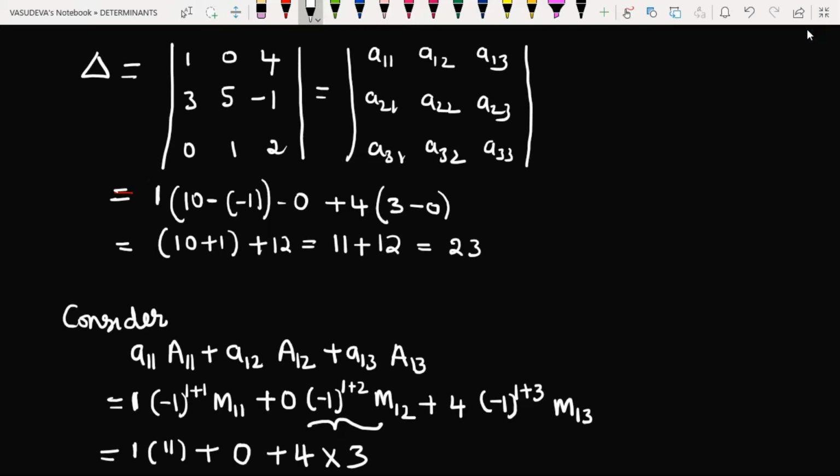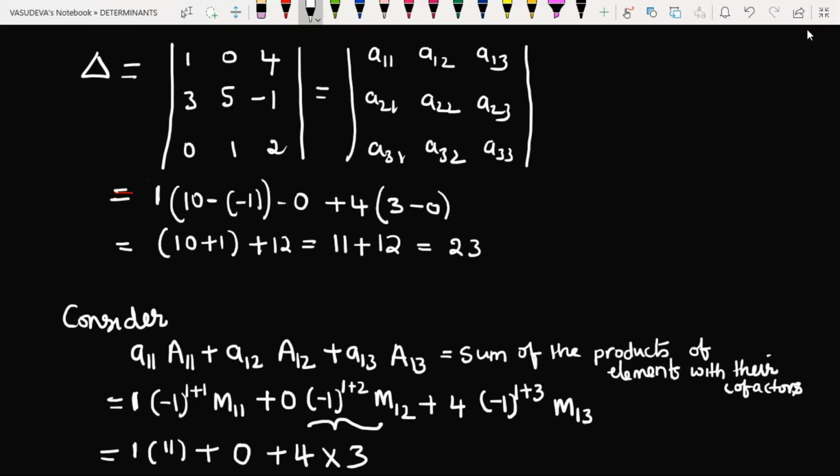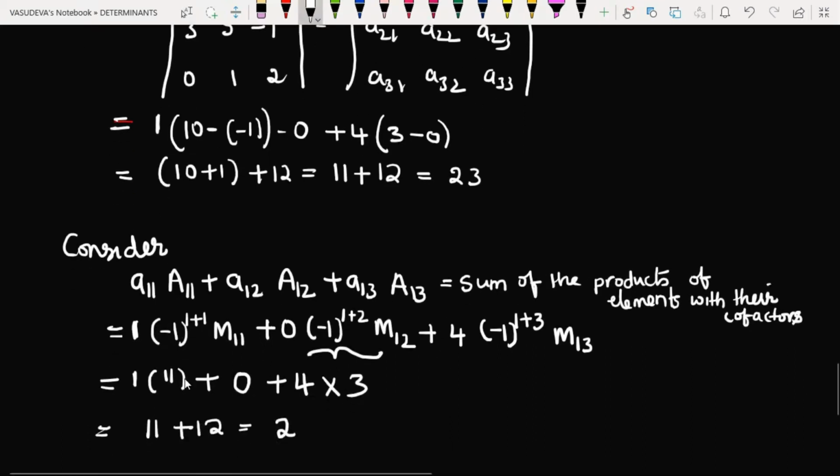So what I have taken here is the sum of the products of the elements with their cofactors.